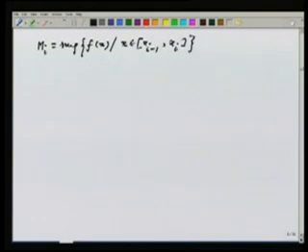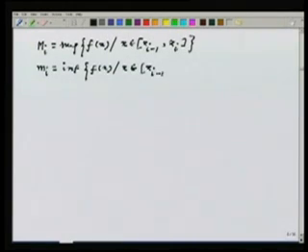Since the supremum depends on i, I called it Mi. Similarly, I can define little mi, that is, the infimum of f(x) when x lies between xi minus 1 and xi.